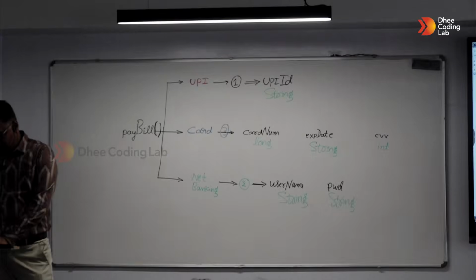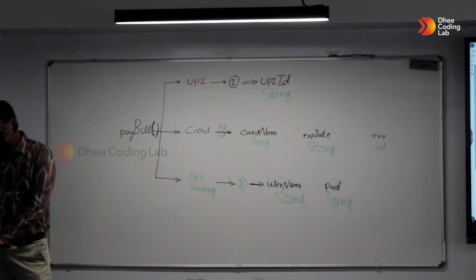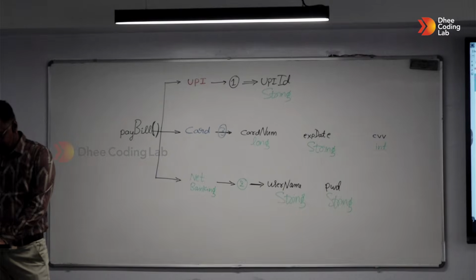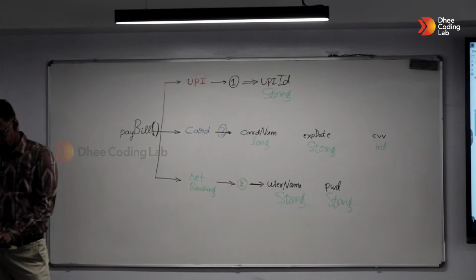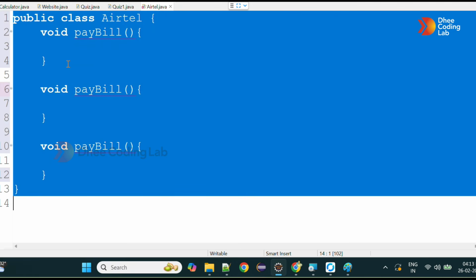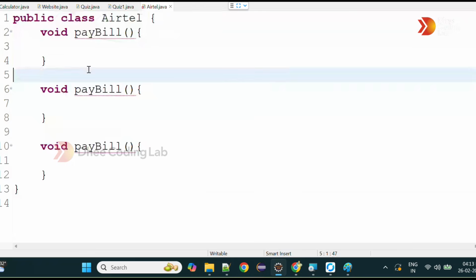I write a class called Airtel. How many methods should I write? Three methods. The pay bill method. Why is it giving error? Method duplication.